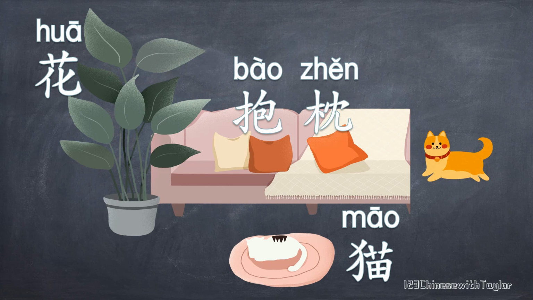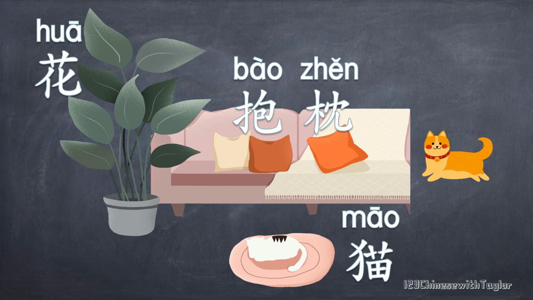Now we're looking at this picture, and what you need to do is to use the words and the sentence structure we've learned today in this video and try to describe what you see in the picture. You can also type in the comments down below if you want me to help you with the correction. And I have also put the characters and the pinyin as well for the words that you might not know. And here, first one is the plant.